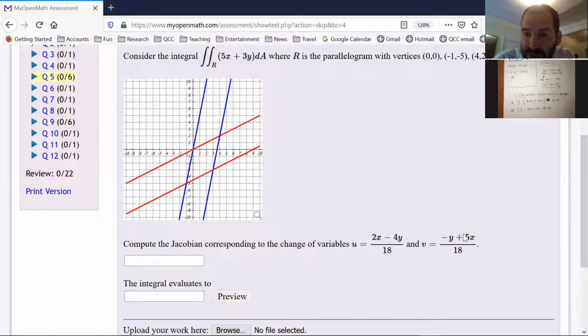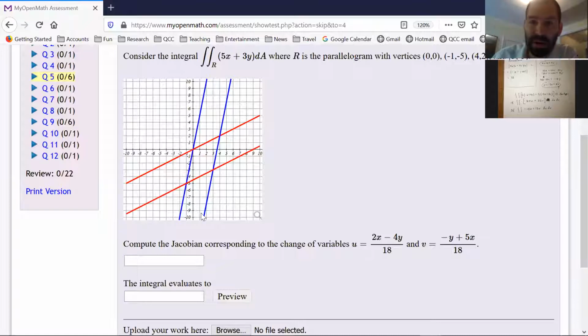Plugging those in, I get 2 for y, negative 2 plus 4 for x is 20, so I get 18 divided by 18. That's v equals 1. So we're going from v equals 0 to v equals 1.